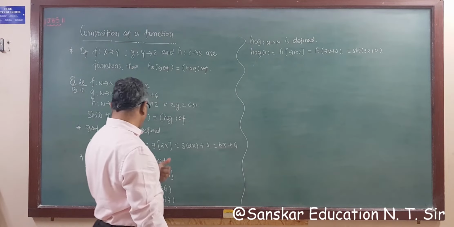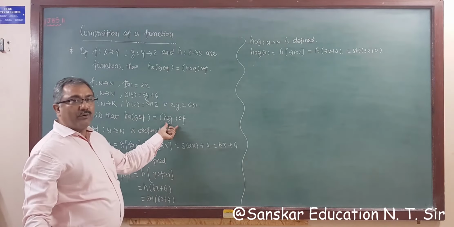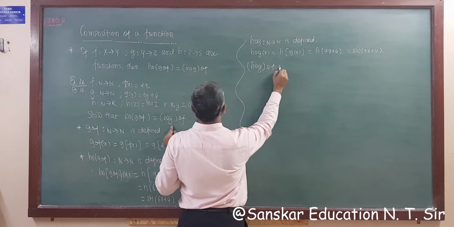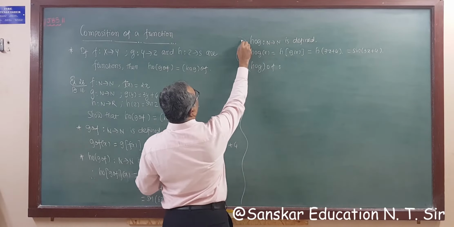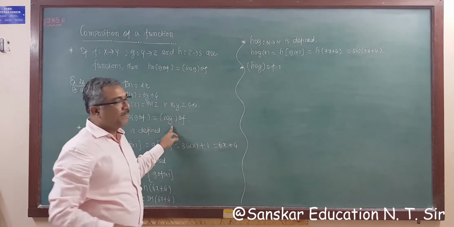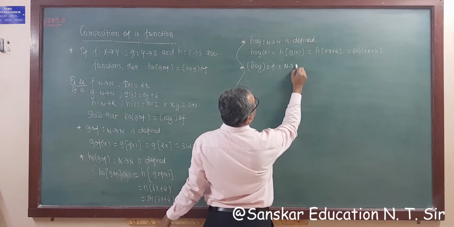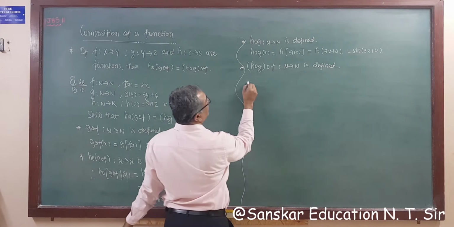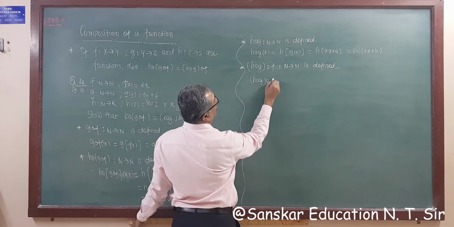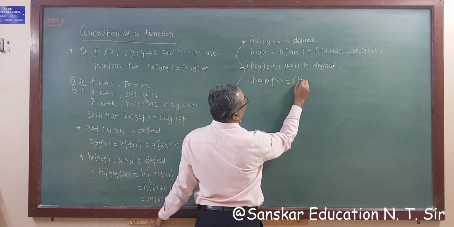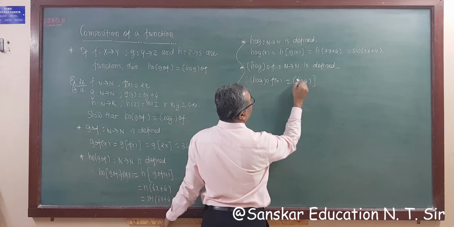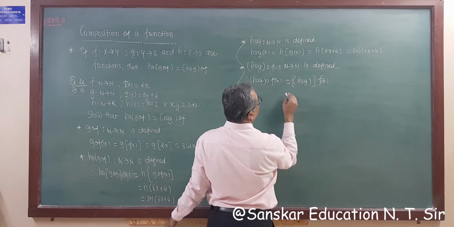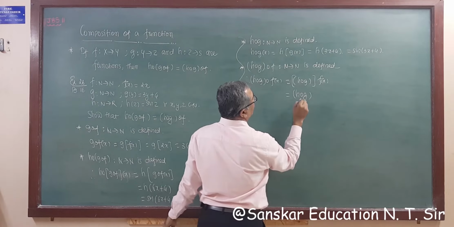Now we have to define (h over g) over f. Now h over g is a function from N to N, and f is also a function from N to N, so this is also defined from N to N. Therefore (h over g) over f of x is equal to h over g of f(x).